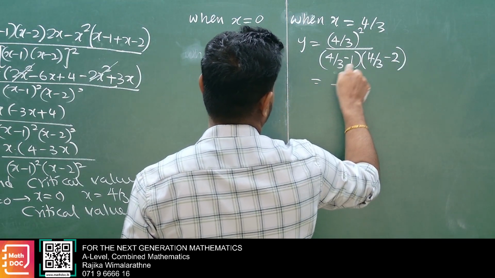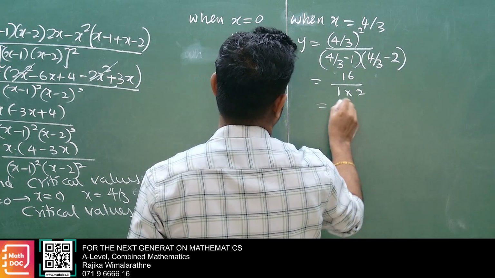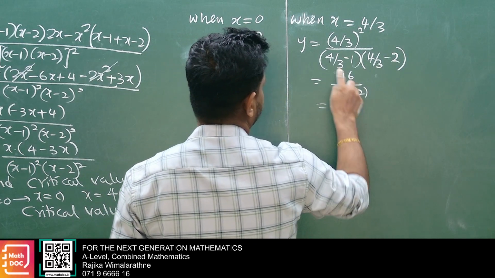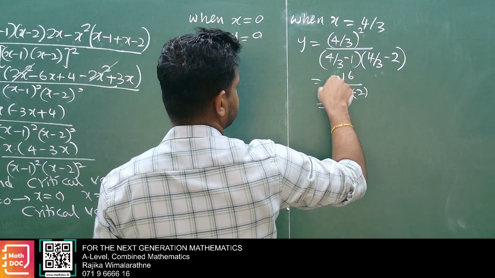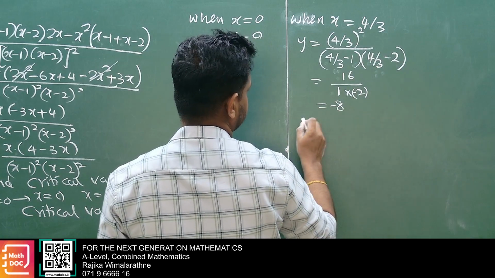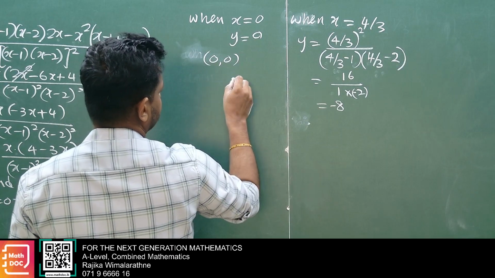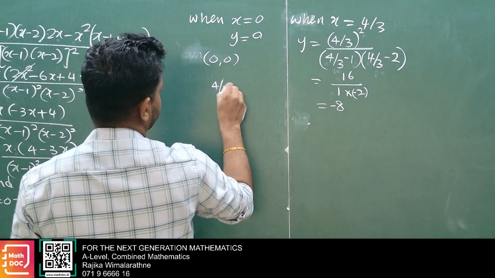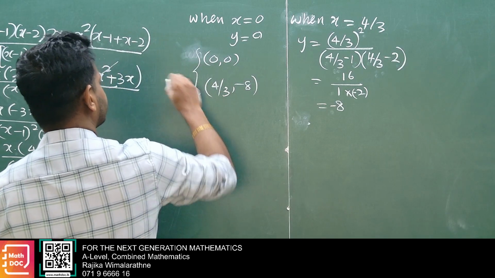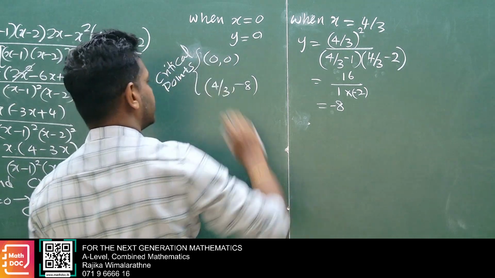Here 3 square cancels, 4 square 16, 4 minus 3 is 1, 4 minus 6 is minus 2, we get minus 8. Therefore, the critical points are (0, 0) and (4/3, minus 8). Here are these two critical points.